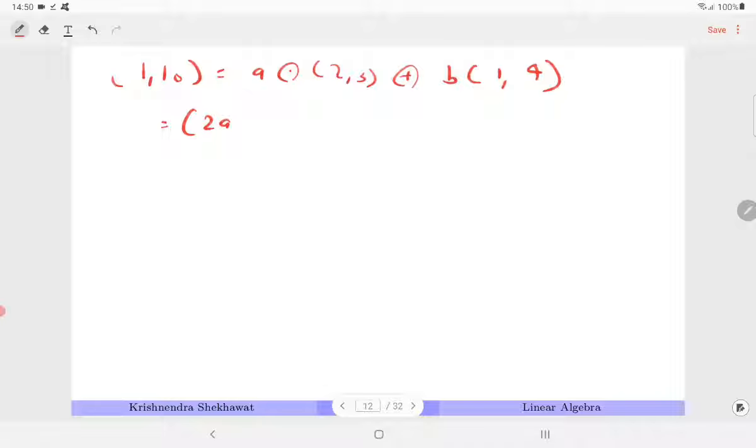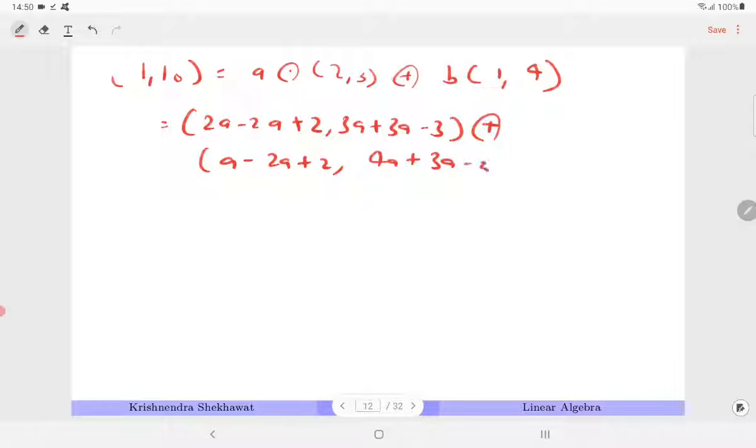So 2A minus 2A plus 2, 3A plus 3A minus 3, and plus A minus 2A plus 2, 4A plus 3A minus 3.